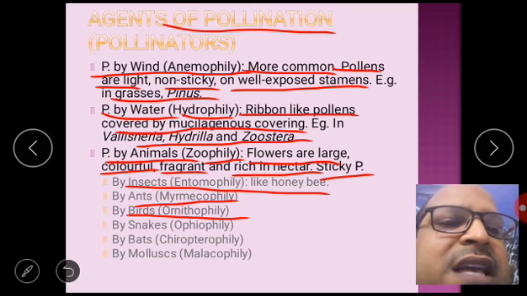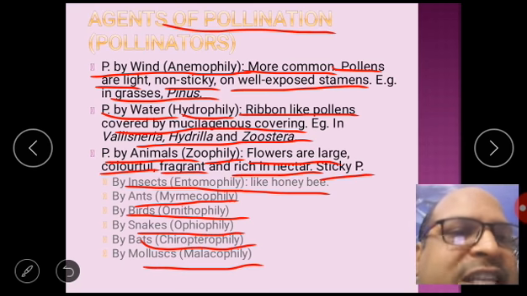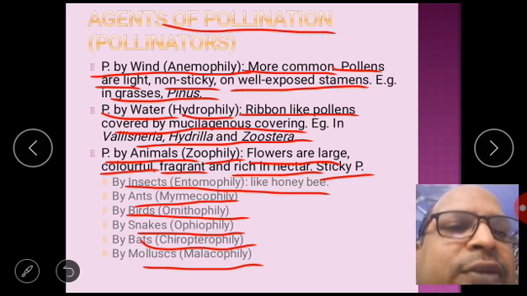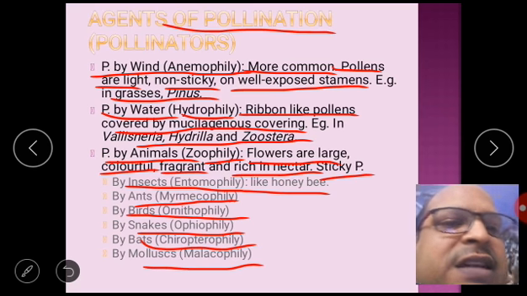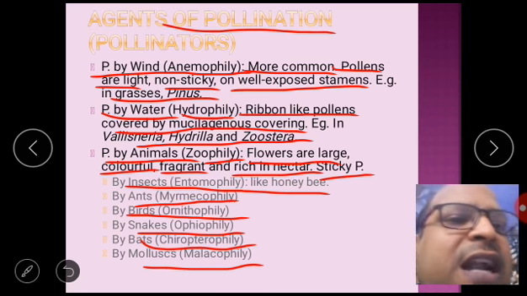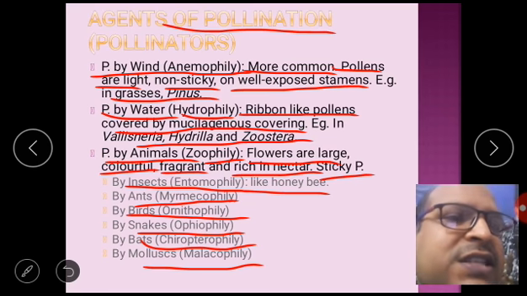If snakes are involved, we say ophiophily. If bats are involved, we say chiropterophily. And if mollusks are involved, we say malacophily. So you may say entomophily, myrmecophily, ornithophily, ophiophily, and chiropterophily. These are the various types of pollination under zoophily. Dear students, these are all asked in NEET exams. So please learn them.